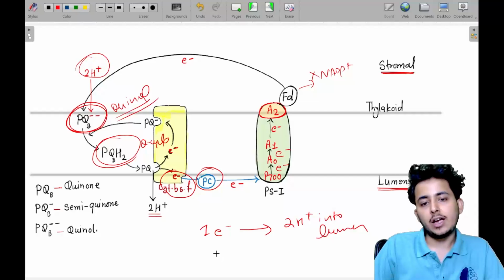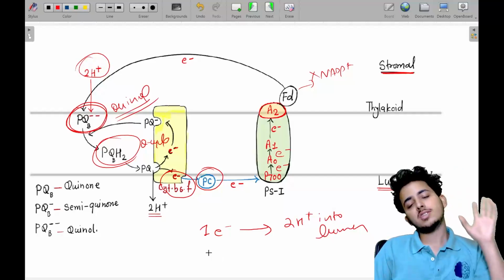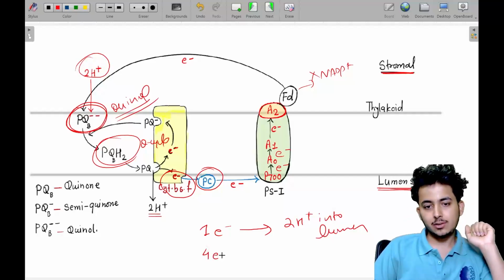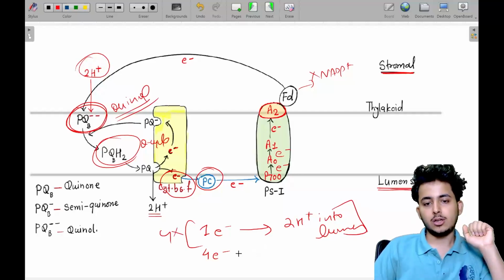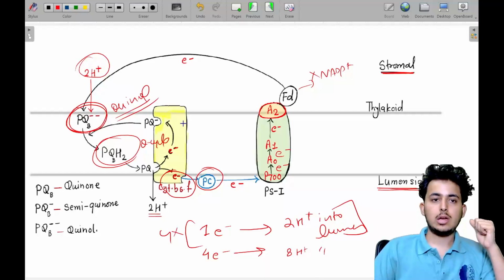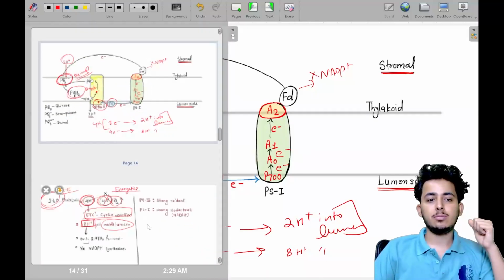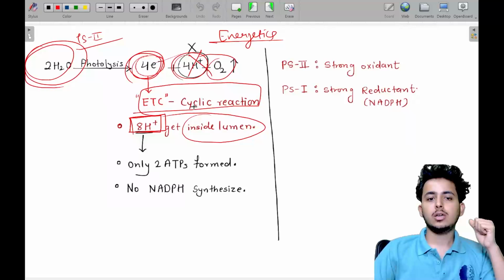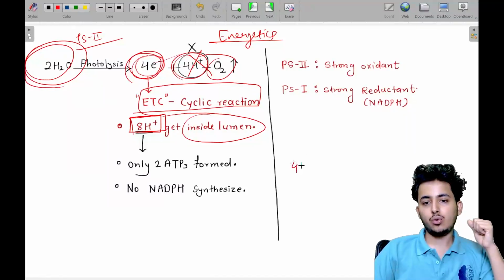If I compare it with non-cyclic photophosphorylation, let's say I take 4 electrons, if I multiply this equation by 4, then 4 electrons will pump 8 protons into the lumen. And if 8 protons are being pumped into the lumen, then for every 4 protons you can form 1 ATP.